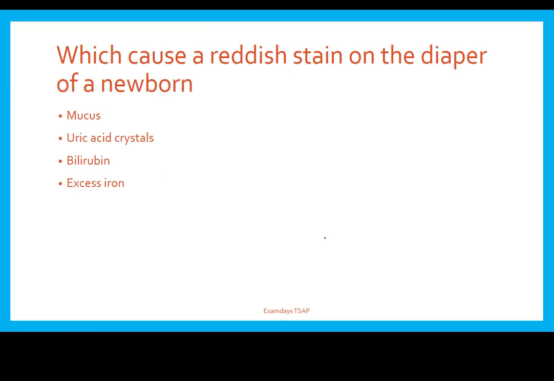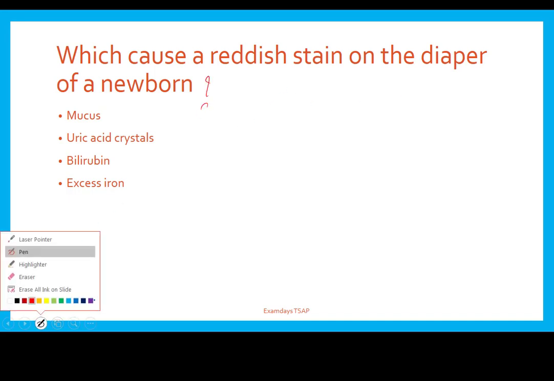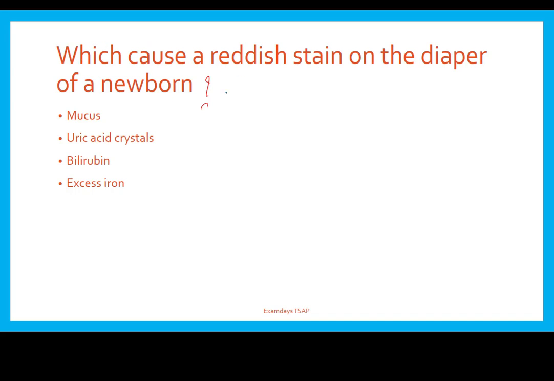Moving on to the next question. Which causes a reddish stain on the diaper of a newborn? A. mucus, B. uric acid crystals, C. bilirubin, D. excess iron.